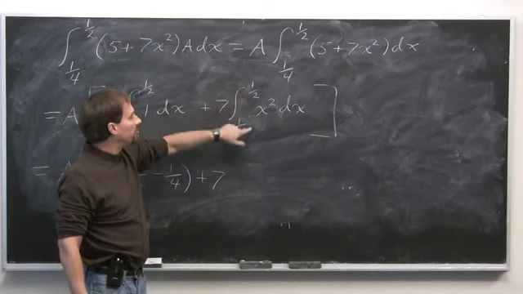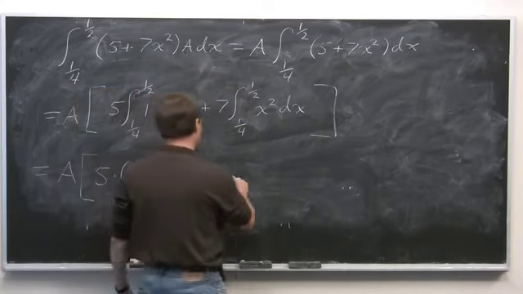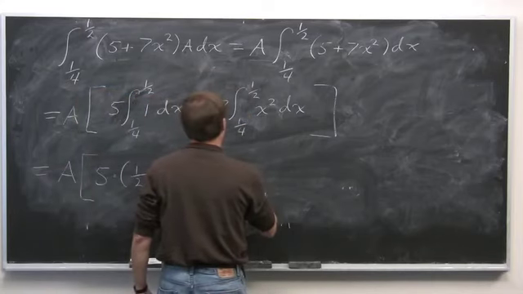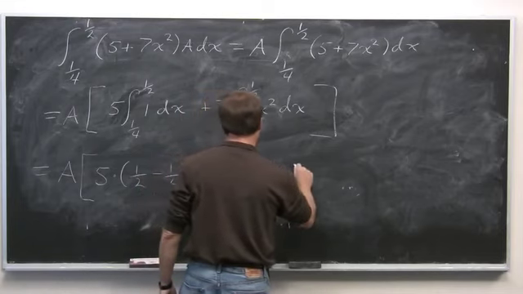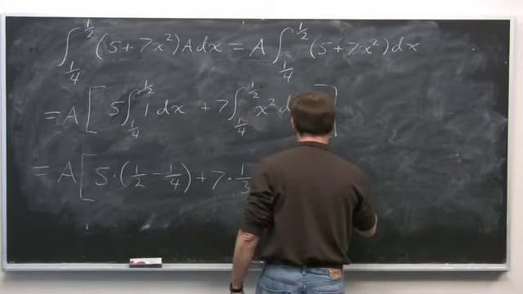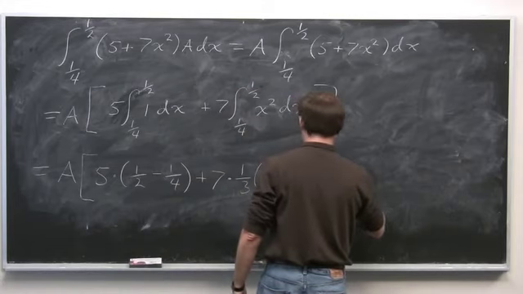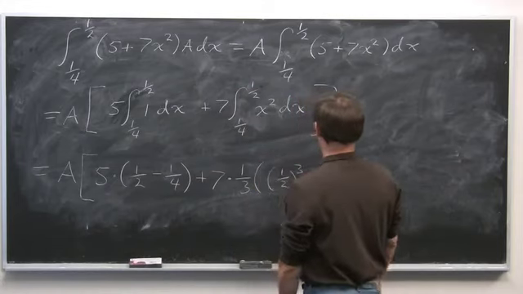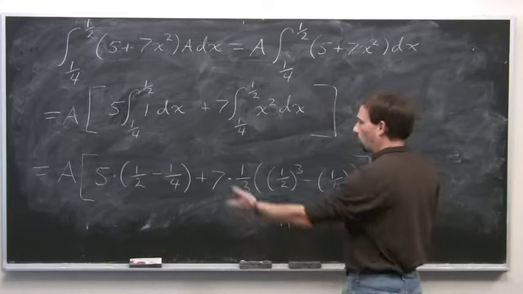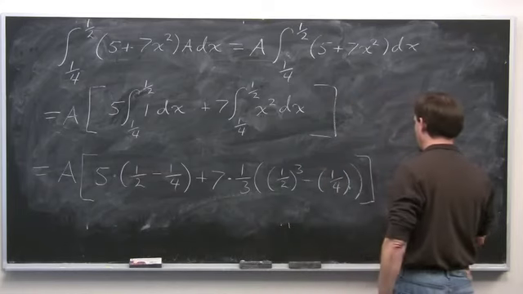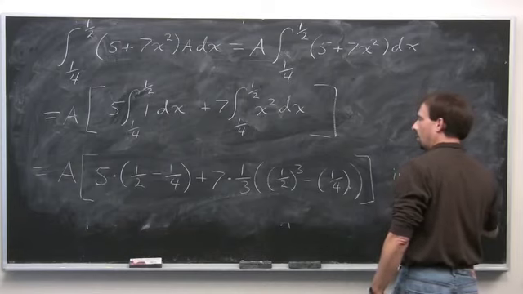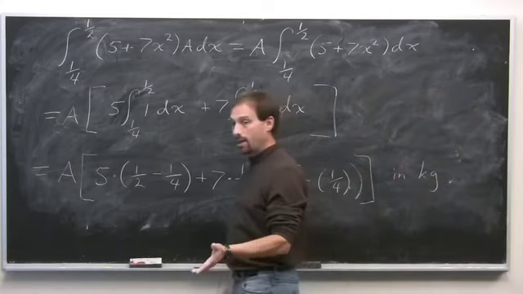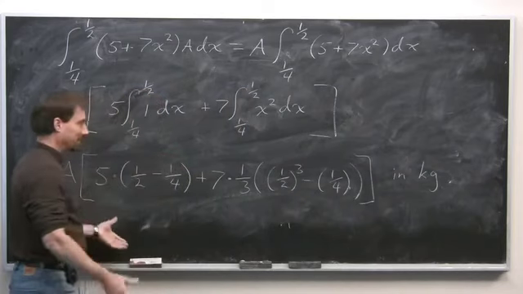You get b cubed over 3 minus a cubed over 3, or it's the same thing, 1/3 of 1/2 cubed minus 1/4 cubed. This would be the total mass of the rod in that region. We don't have a number for A, so we can't actually get a number. This is in kilograms. If we had A, we'd be able to finish, get a number.